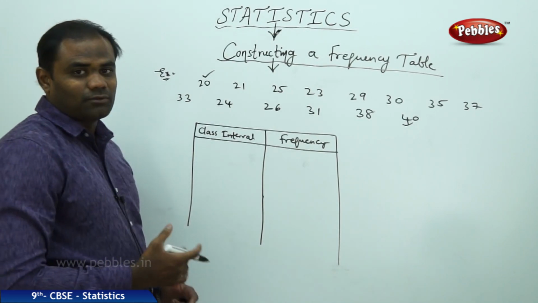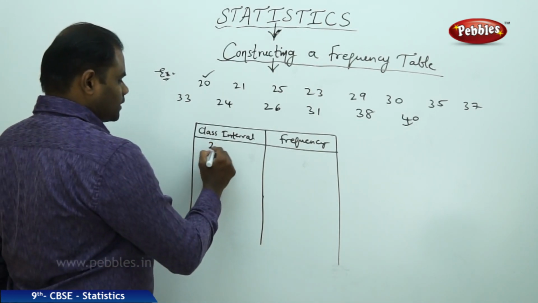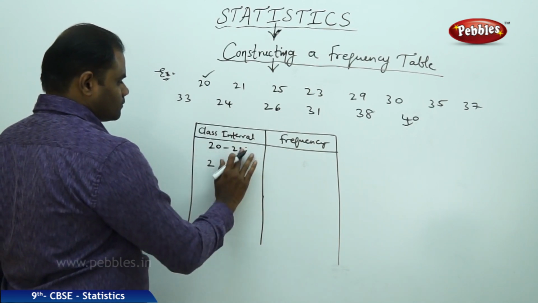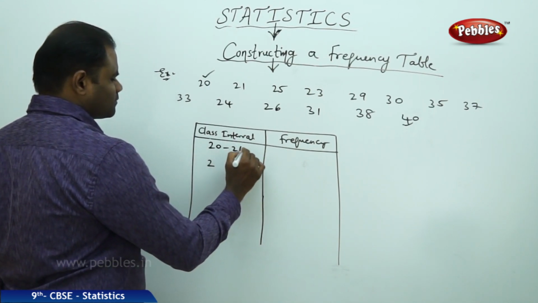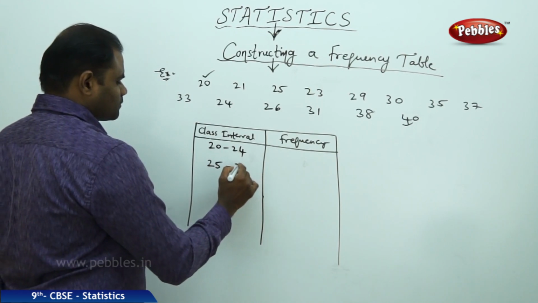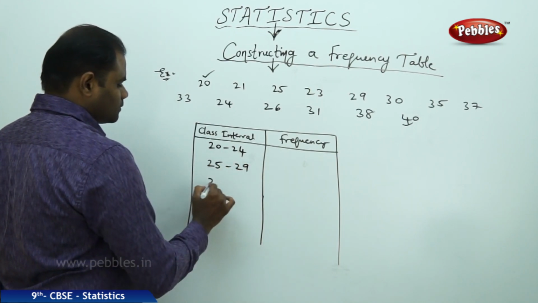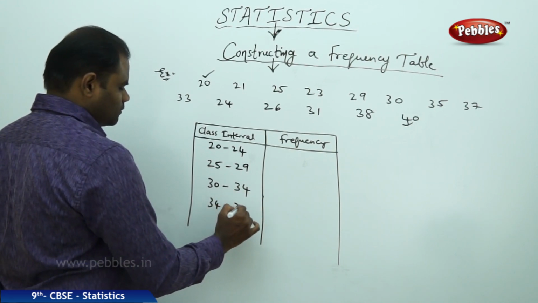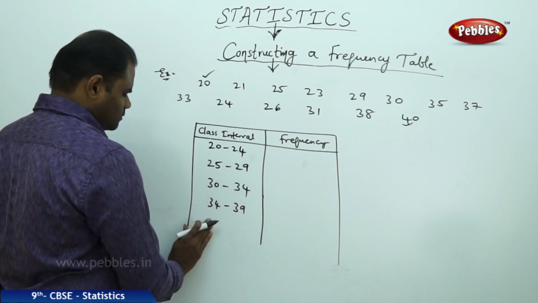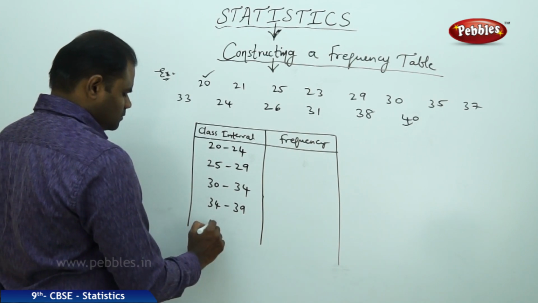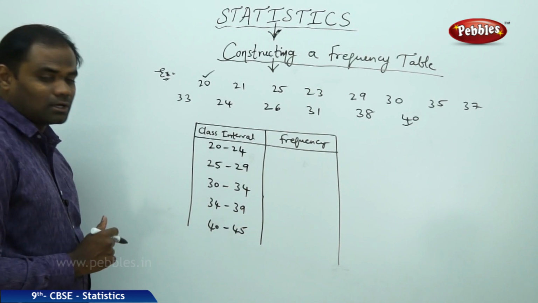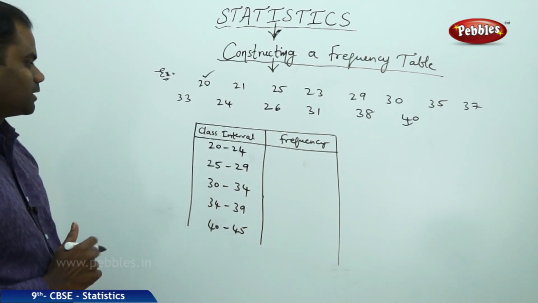So between 20 and 40, we try to classify as 20 to 25, 25 to 29, 30 to 34, 34 to 39, and 40 to 45. That's how we understand the classification out here.